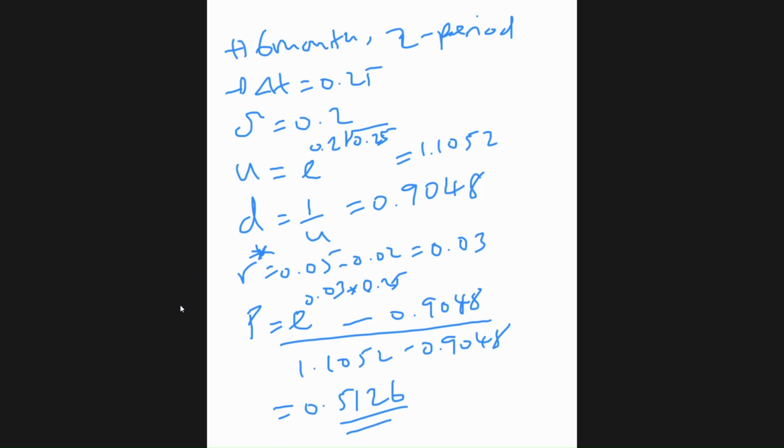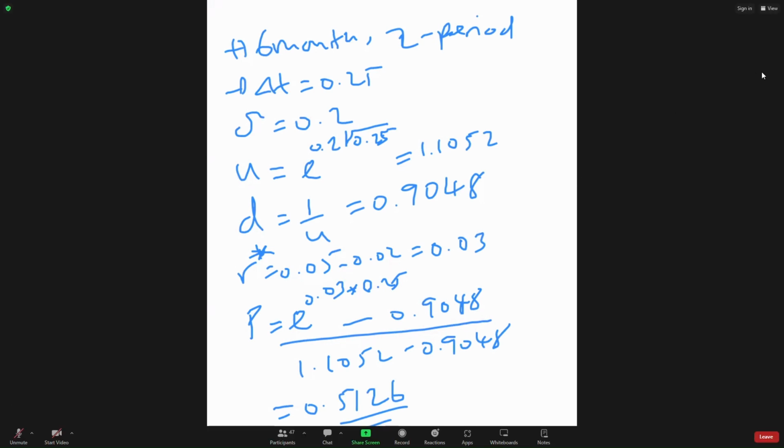So we are told a stock price is currently 50. It is known that at the end of 6 months, it will be either 45 or 55. It will go down to 45 or up to 55.